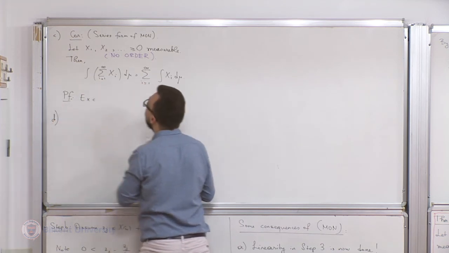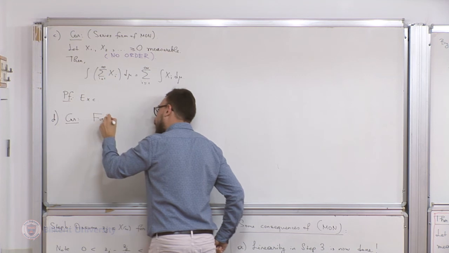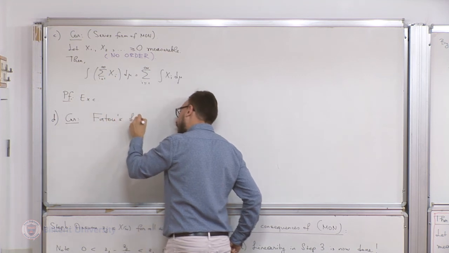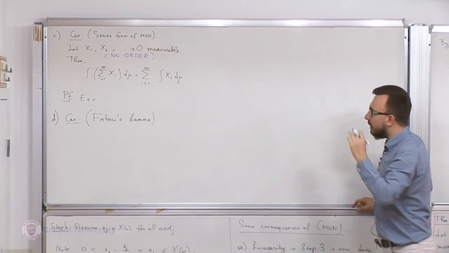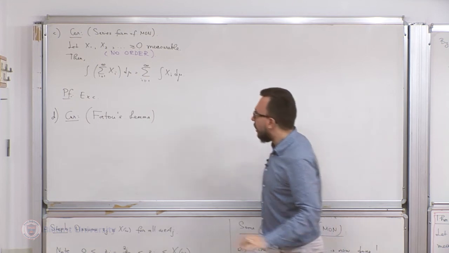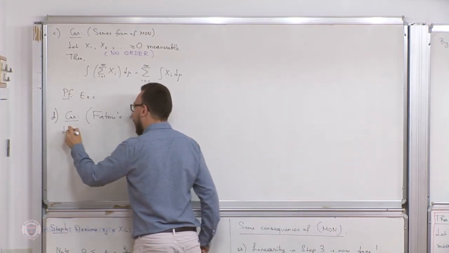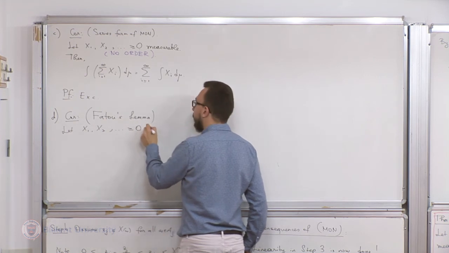Another last corollary is the so-called Fatou's Lemma. That's another important convergence result. Okay? So again, let x1, x2, etc. be positive and measurable.